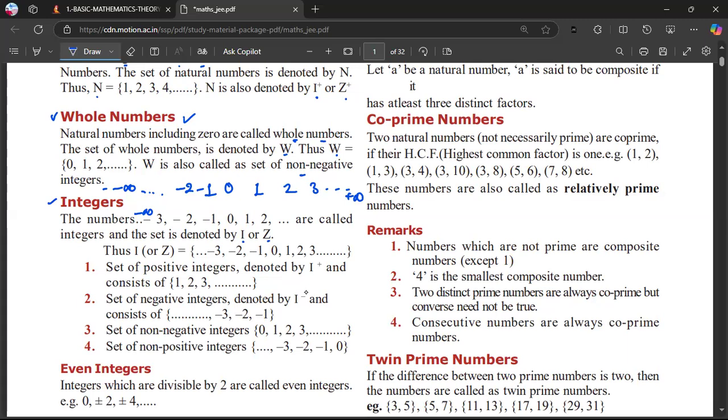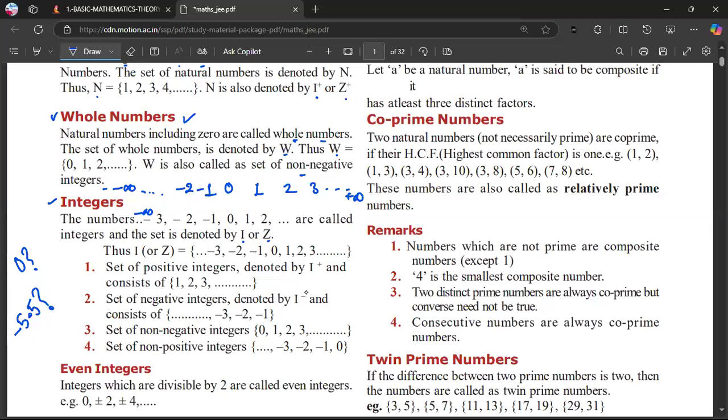Is everything clear about integers? Yes, sir. So is minus 5.5 an integer? No, sir. Great. And is 0 an integer? Yes, sir. So integers are the set of these numbers.